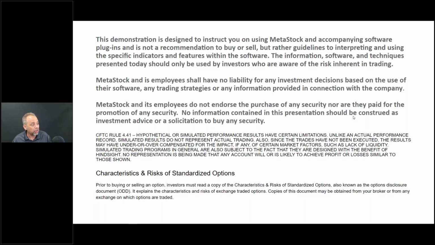MetaStock and its employees shall have no liability for investment decisions based on the use of the software, trading strategies, or information provided in connection with the company. MetaStock and its employees do not endorse the purchase of a security, nor are they paid for the promotion of a security. No information contained in this presentation should be construed as investment advice or the solicitation to buy a security.